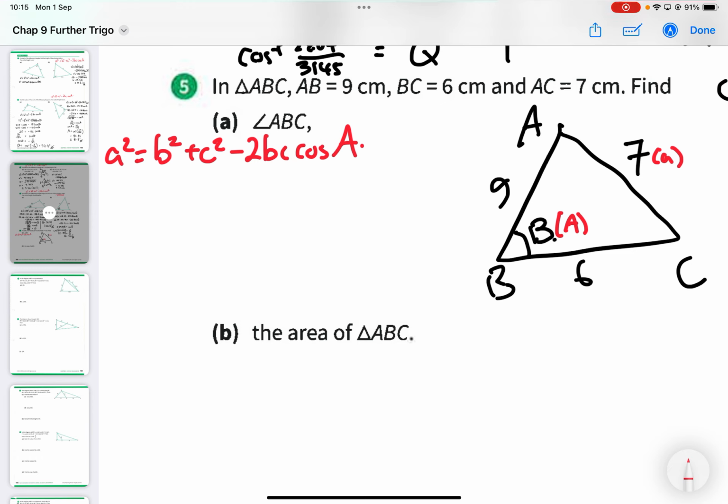Good suggestion by Jaden. Then my 9 and 6 are my B and C. Which one is B, which one is C doesn't matter. Important is the A. A is in a different position than your B and C. So I must know this angle, then this one must be my A.